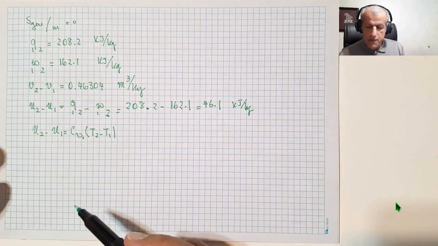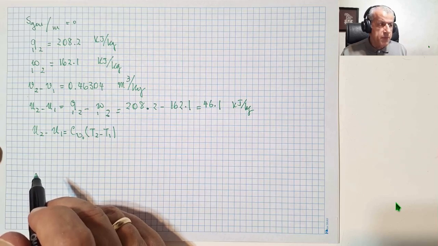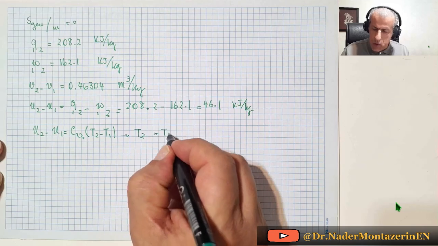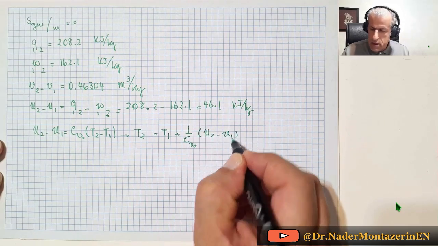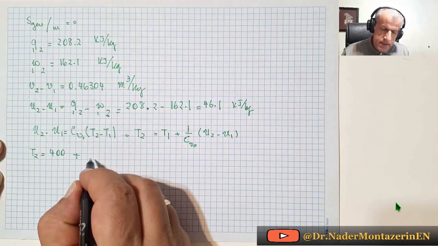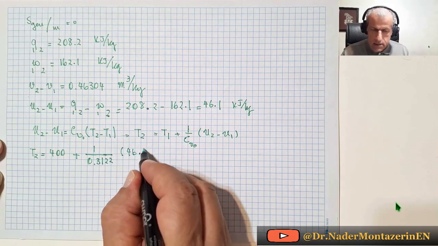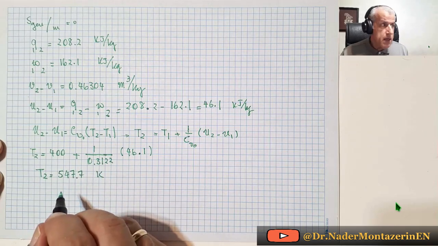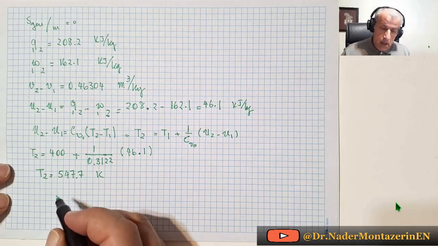As for the final temperature, we may repeat our equation for the change of internal energy as a function of temperature and rewrite it as T2 equals T1 plus 1 over Cv0 times U2 minus U1, and that T2 would equal 400 plus 1 over 0.3122 times 46.1, and T2 would be 547.7 Kelvin, which is, of course, different to that 800 Kelvin we had calculated previously.